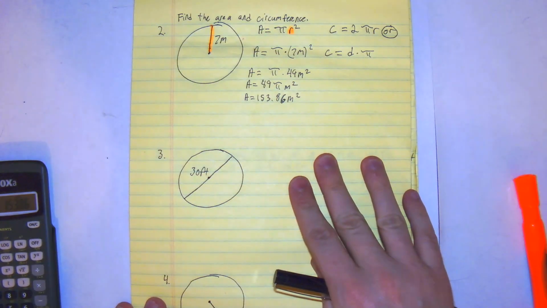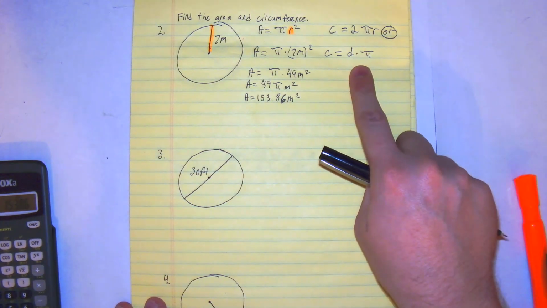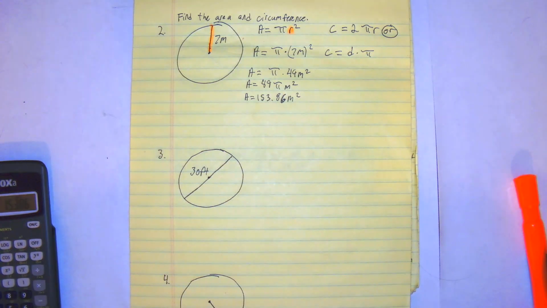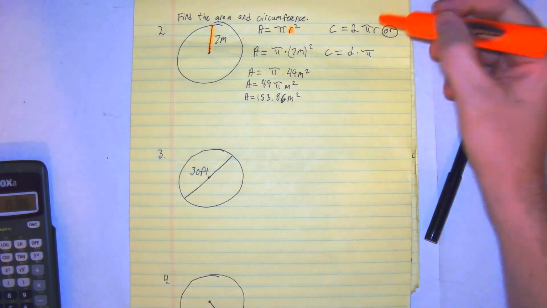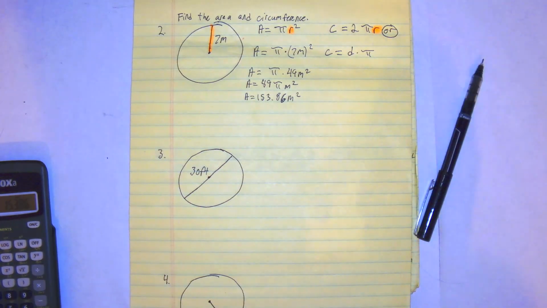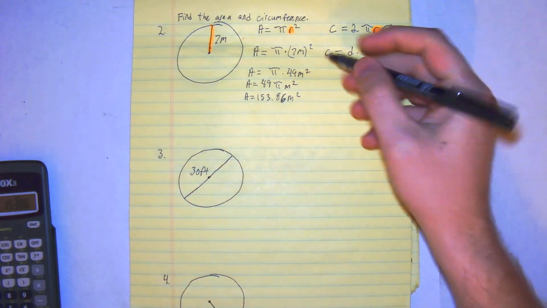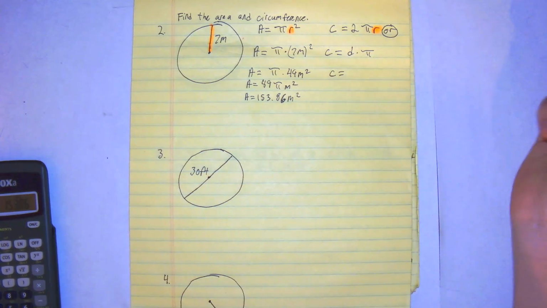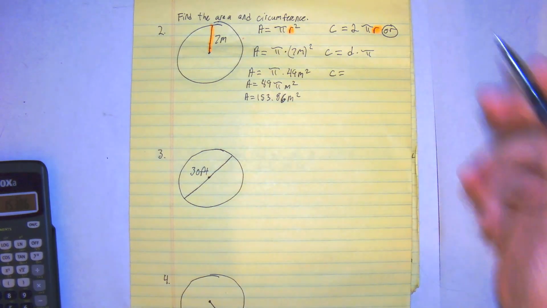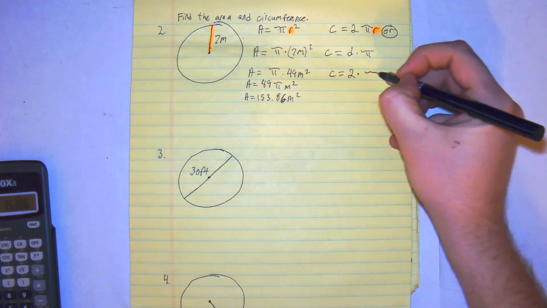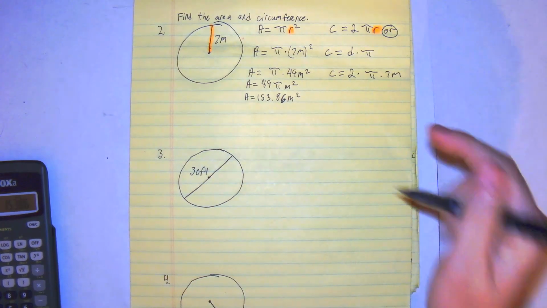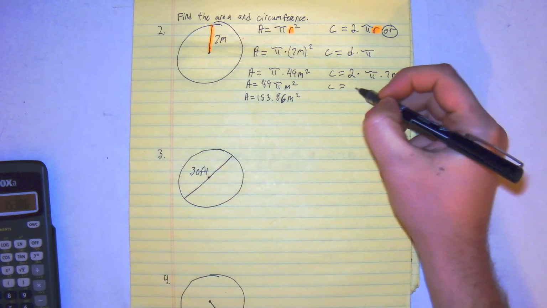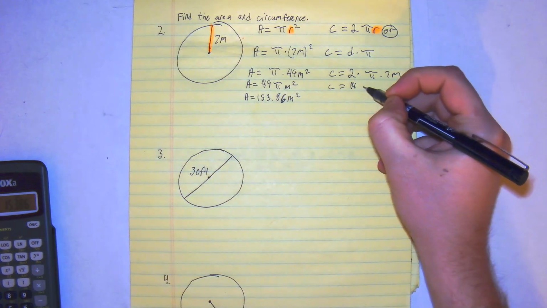Now we're going to take a look at the circumference. We're going to be using this formula since we're given a radius. I mean, it doesn't matter really. So C is equal to 2 times pi times 7 meters. 2 times 7, C is equal to 14 pi meters.